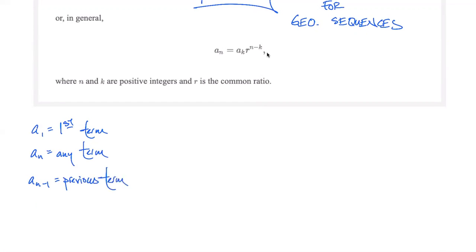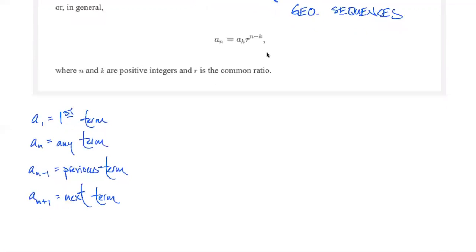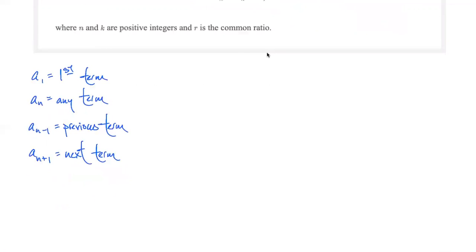And if someone says a sub n plus 1, they mean the next term. Okay. So we've got our previous term, we've got our next term, and the one new thing or different thing is that this is not a common difference, but a common ratio. Okay.